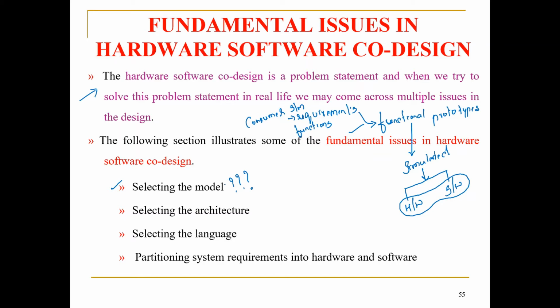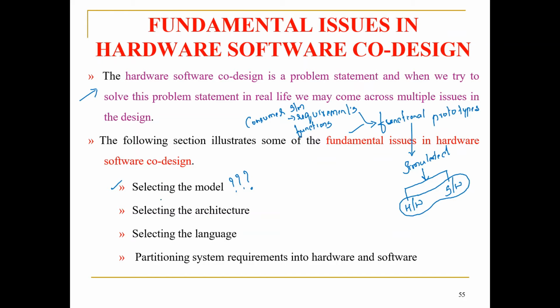It will not function at all. Then you have to switch between models, take some other model that overcomes the disadvantages of the previous one, and start implementing your system requirements on that new model. So selecting the model is one of the difficult tasks, and it takes a lot of time.